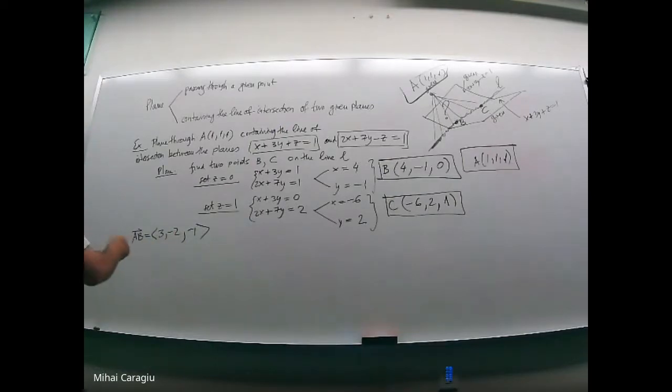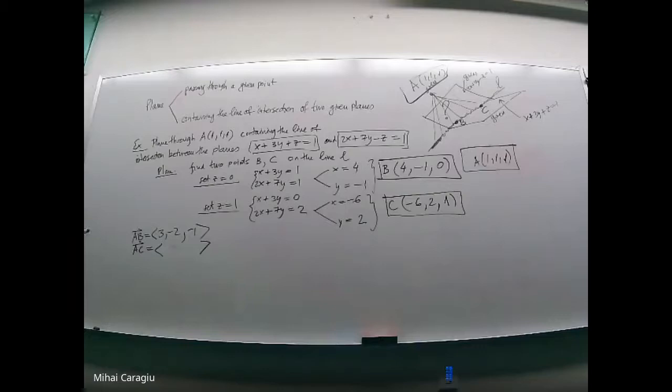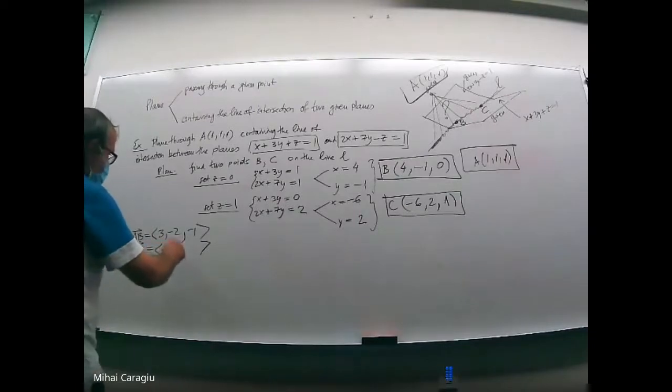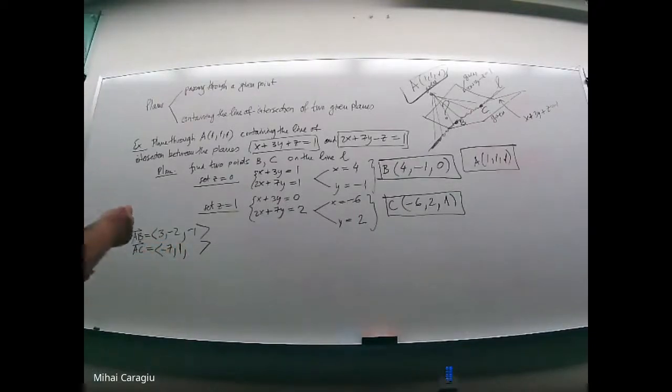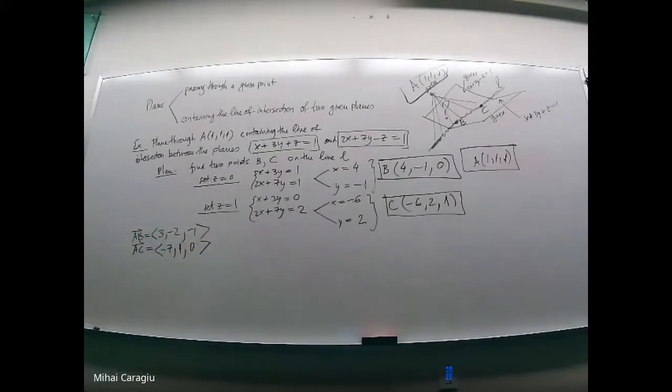Okay, the AC vector: C minus A, so (-7, 1, 0). These are two non-collinear vectors in the plane to be calculated.